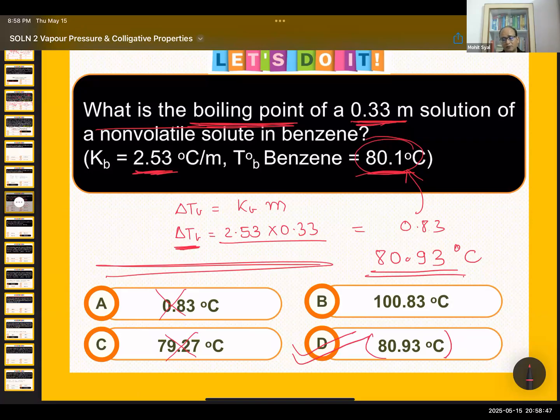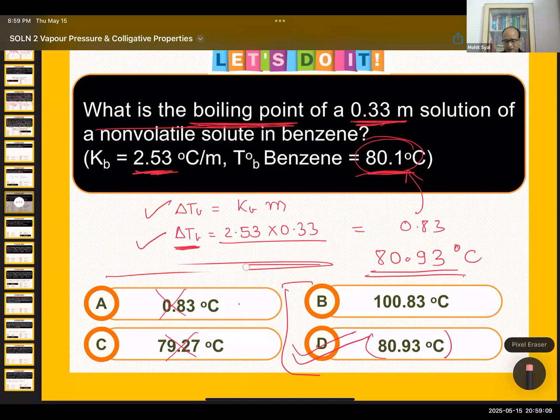But if you are appearing for a competitive examination, and the options are like this, then by intuition, by checking, you can quickly figure out the answer. Otherwise, in CBSE, write the formula, write the values, and try solving it. Got it?